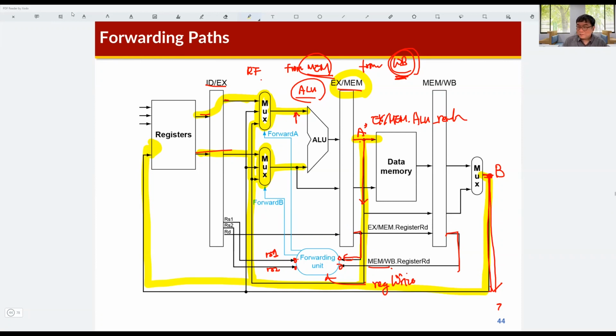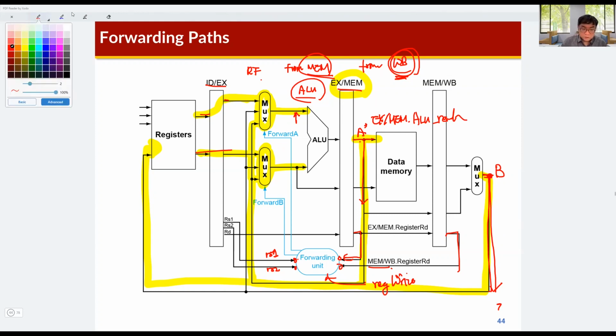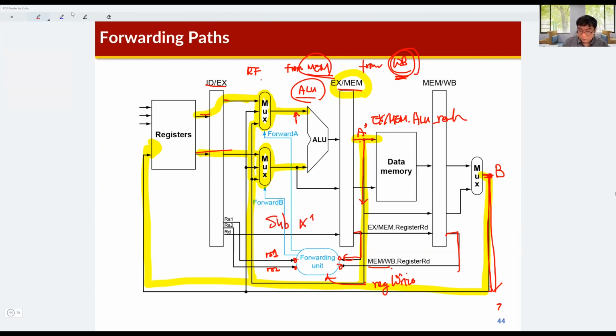If you focus on the location of the next instruction, it can be here, like sub x1, x2, x3, while the add instruction is here, like add x2, x4, x5.